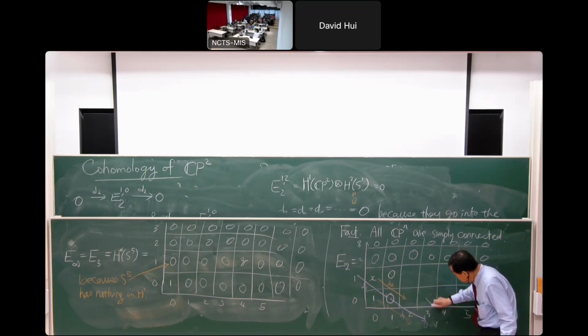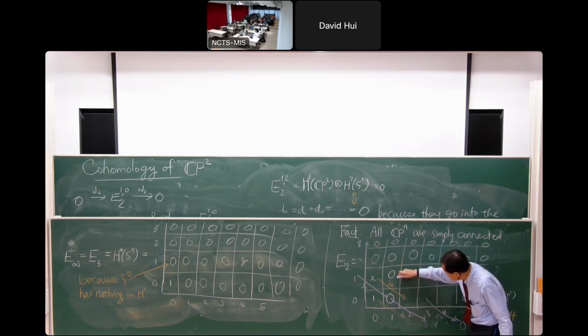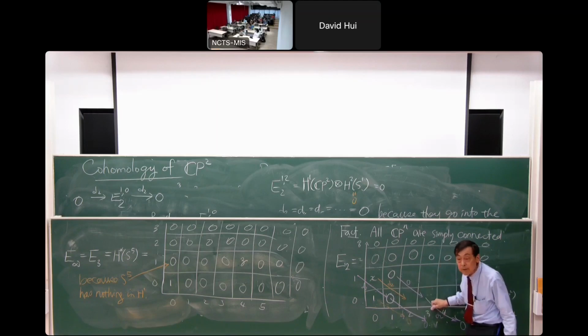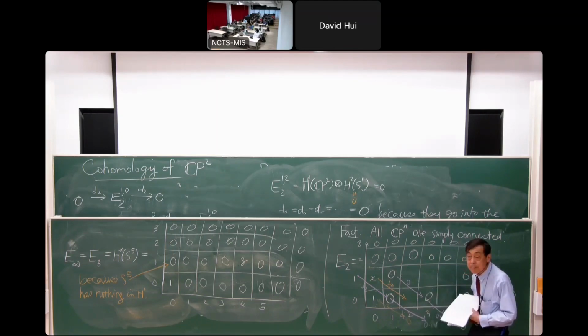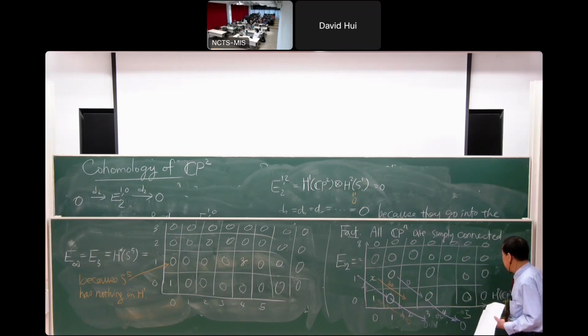Again, the D2 that comes out goes to 0. But where does this box come from? Down 1 across 2, and so that's also 0. Okay? 0 in, 0 out. So for the same reason, this will be 0, and this will be 0.